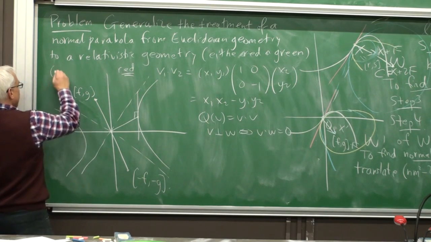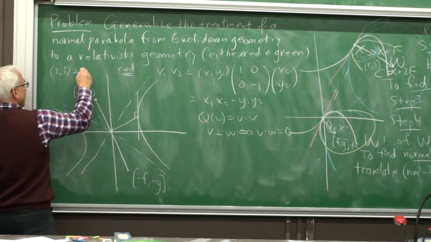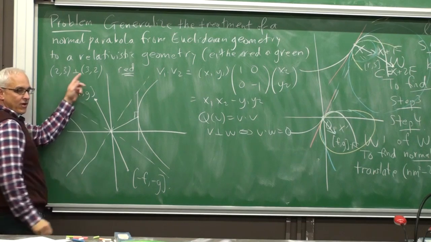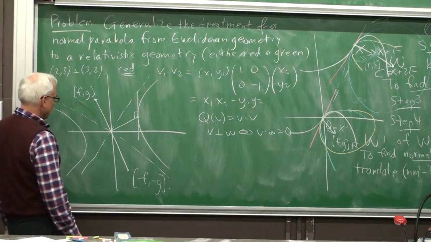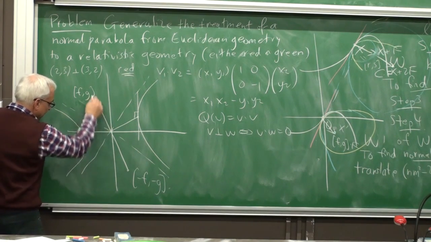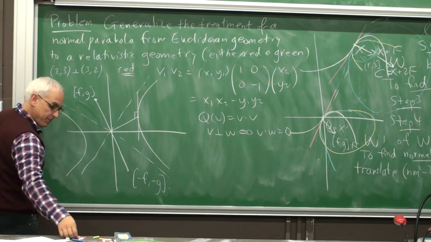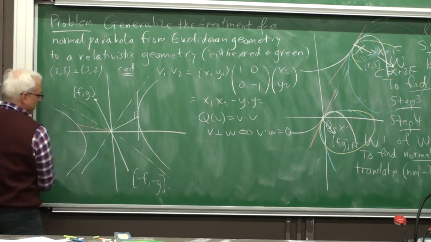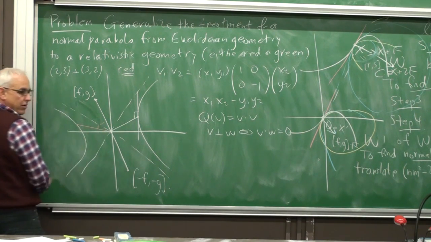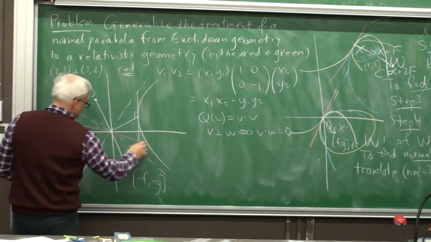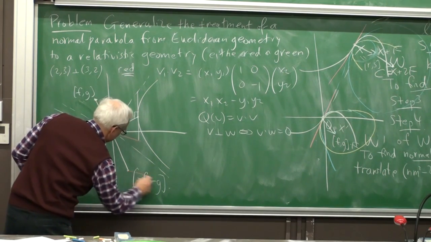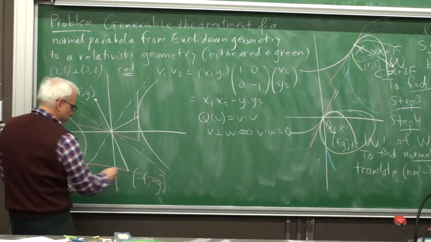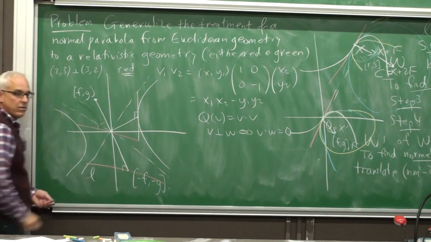So the vector (2, 3) will be perpendicular to the vector (3, 2) in this kind of geometry, which just amounts to switching the x and y coordinates. The perpendicular to this direction would be in this direction here. So if we want a line through here, we just take something parallel like that. That's going to be the directrix that we were calling L.